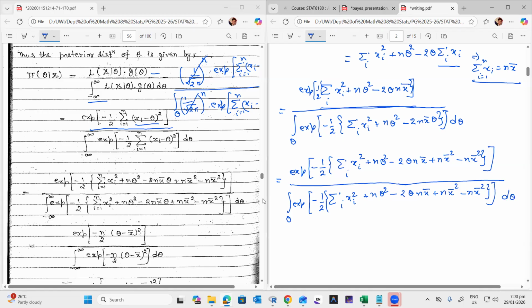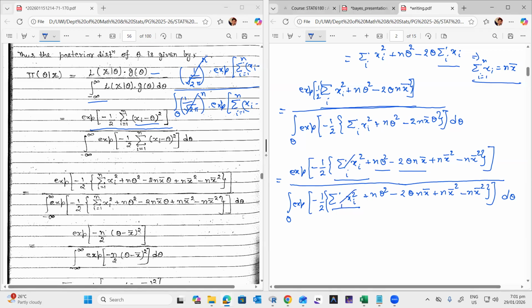Alright, now the summation of xi square is a constant or not? Summation xi square, is it constant or not? Tell me. Right, it is constant. So it will cancel out.